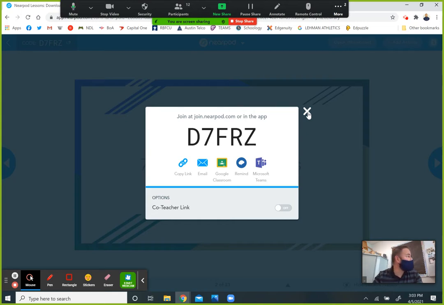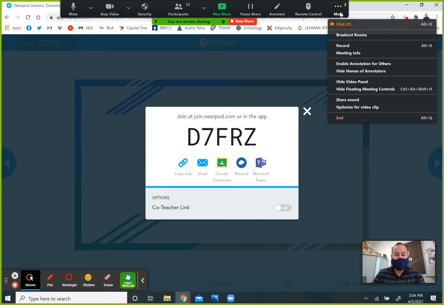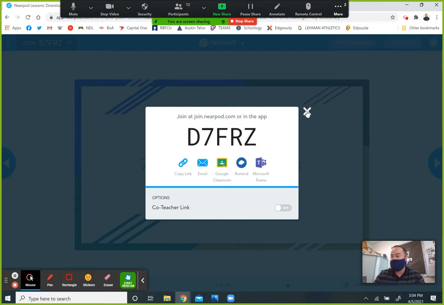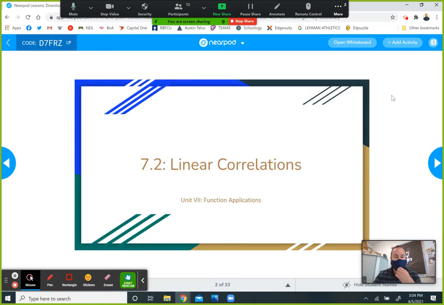Here, write down the code because once you log in with the code, it'll go right to where we're at. D7FRZ. Everybody at home good? Anybody need any longer? The code's in the chat for all you people at home, so I'm going to go ahead and get started.